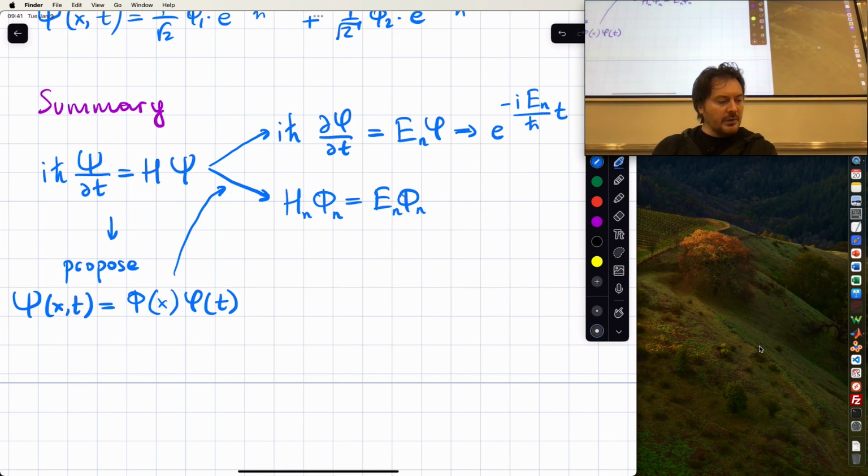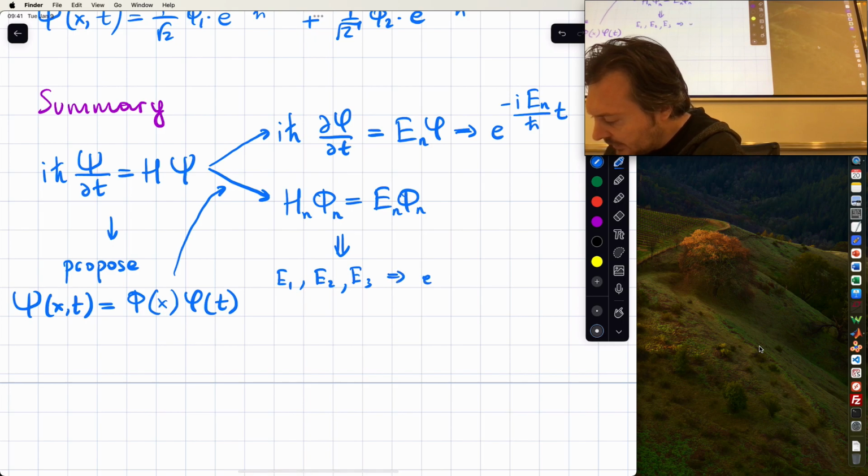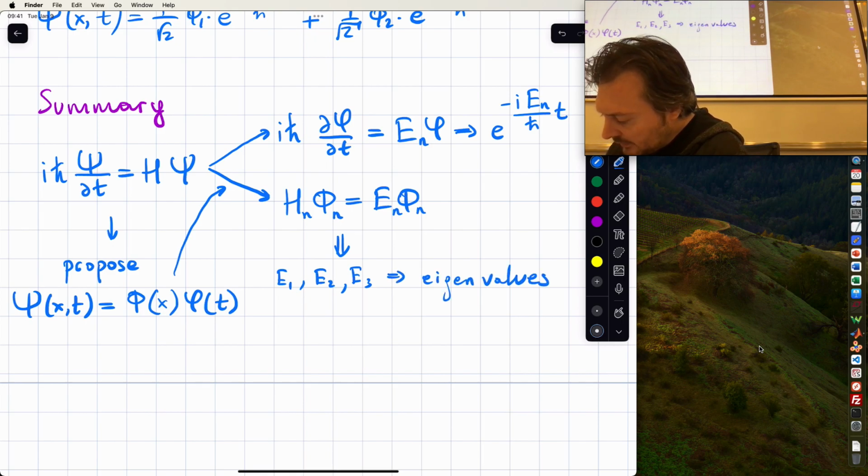And this will bring us an eigenvalue equation, right? So you have E1, E2, E3, etc. that are eigenvalues, and phi 1, phi 2, phi 3 that are eigenvectors.